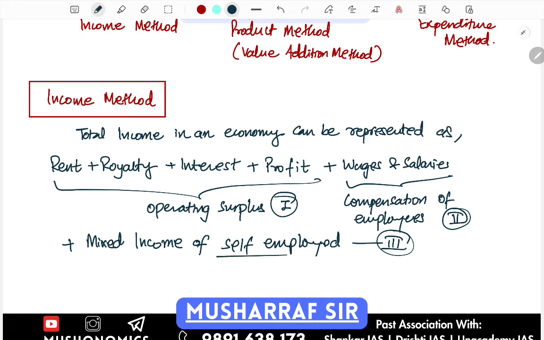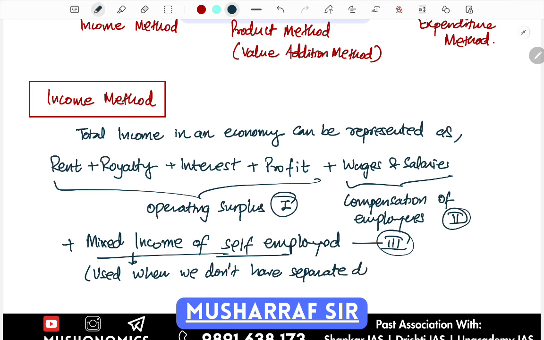Now for what type of people will we be using this mixed income of self-employed? It is used when we don't have separate data on rent, wages, interest and profit.